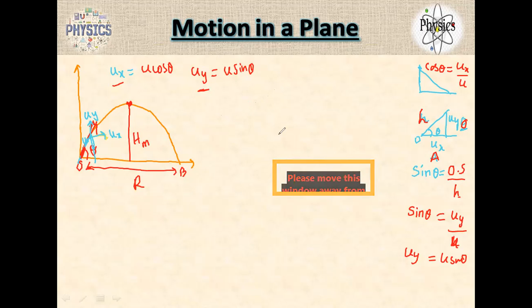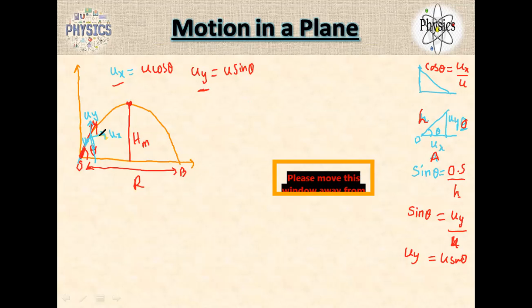From here, my target is to prove the path of the projectile is a parabola. For that, I want to write the equation for displacement along the x direction.